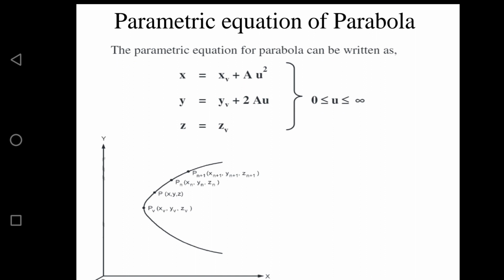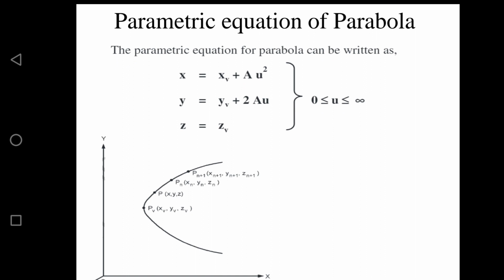Okay, so you must know the parametric equation of a parabola. Here the parabola is represented in a Cartesian coordinate system. We cannot use the center point here, but we can use the vertex point PV, which has coordinates XV, YV, and ZV.